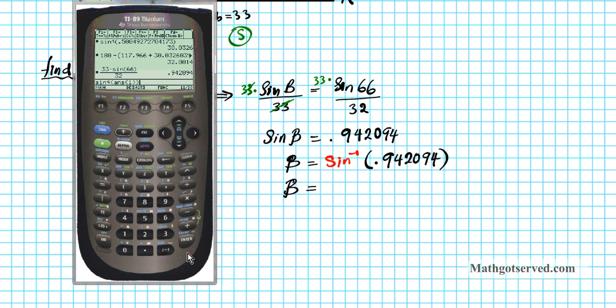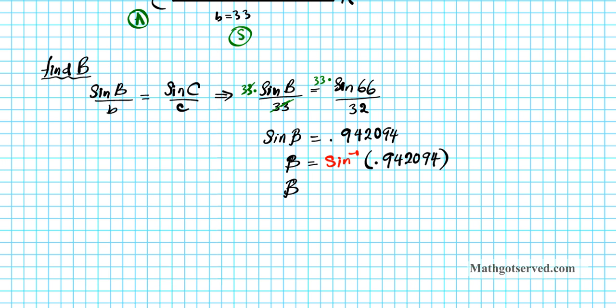Insert the answer into the inverse sine function, and we're going to get 70.4062. Okay, so big B, let's write that down as approximately 70.4062 degrees.